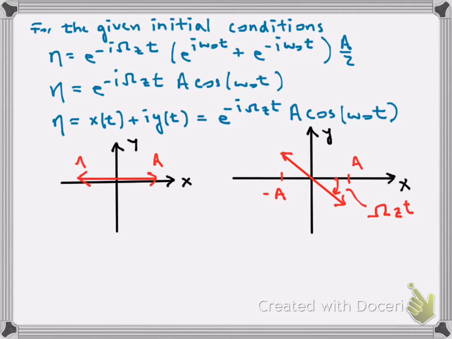You can see that omega z is dictating the length of time it takes for the plane of motion to rotate around relative to the xy axes.